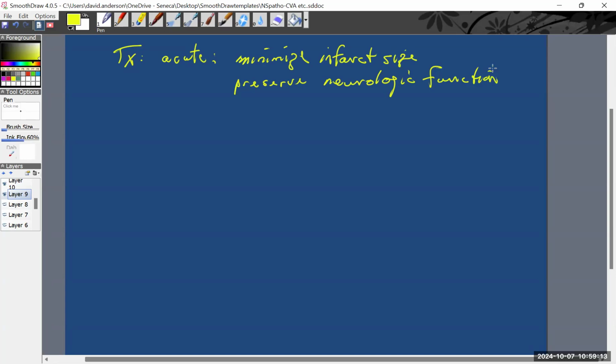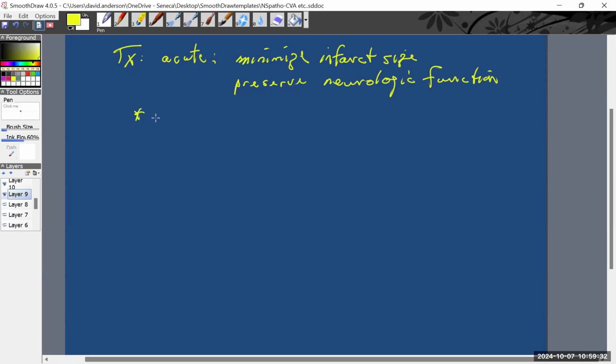So the issue is that early on, it's very difficult to differentiate between an ischemic stroke and a hemorrhagic stroke. And yet it's important as soon as possible to try to make that differentiation. You'll see why. But on the physical exam, the presentations are often very, very similar.